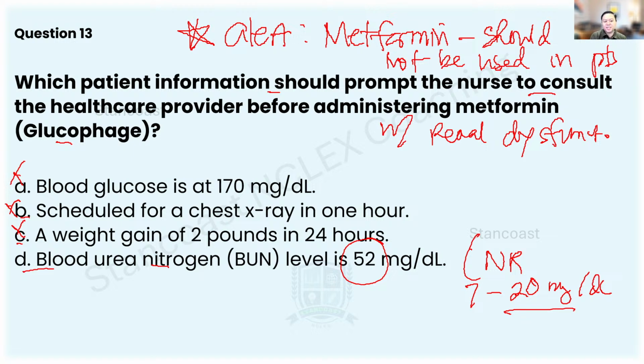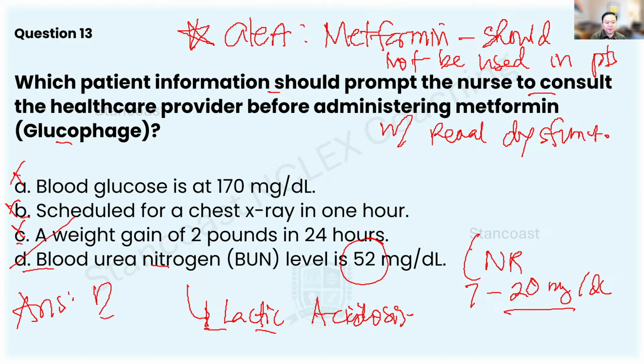The patient here can possibly develop lactic acidosis. This is the complication when the patient takes metformin and their renal function studies are high, let's say high creatinine, high blood urea nitrogen, they can develop lactic acidosis. So that is the correct answer this time, letter D.